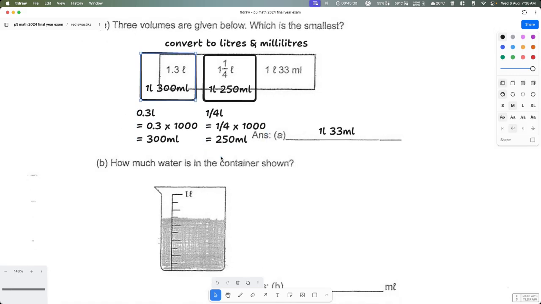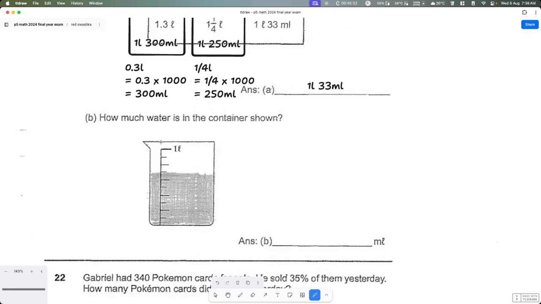How much water is in the container shown? Count the gaps: one, two, three, four. Let me count the gaps: one, two, three, four, five, six, seven, eight, nine, 10. I believe this is 1 liter.